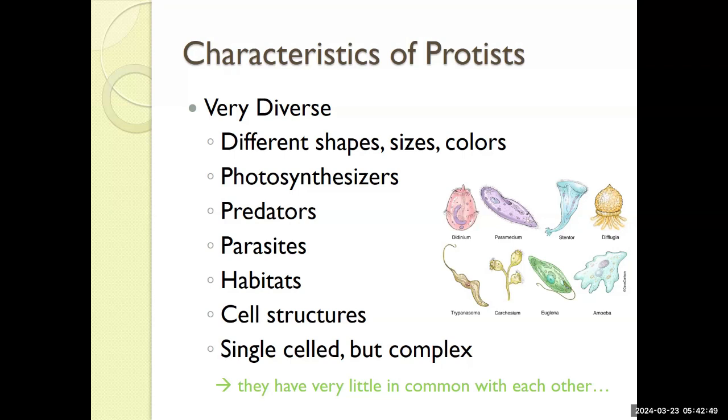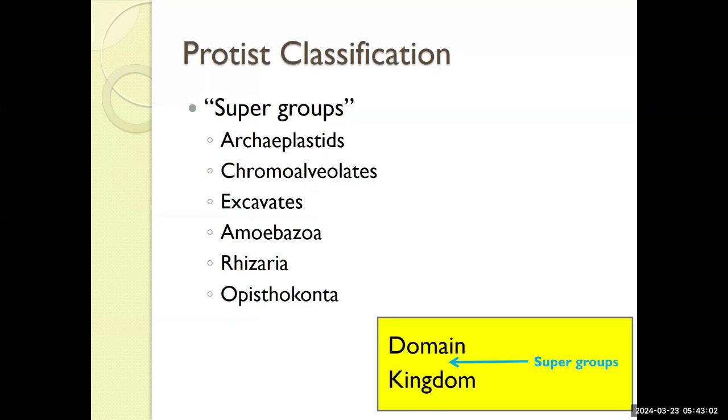However, once we applied phylogenetics, we were able to discern the fact that there were smaller groups within the protists. We refer to these as supergroups because we had to insert this grouping inside our taxonomic hierarchy between domains and kingdoms. We're going to talk about each of these supergroups in turn and highlight what makes them unique.